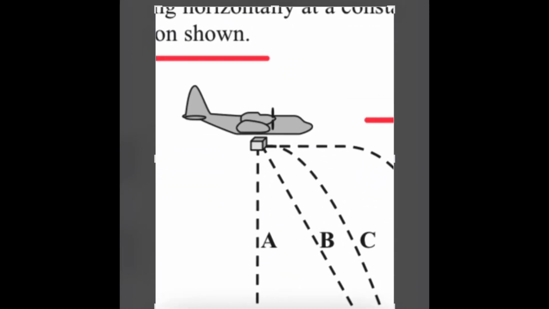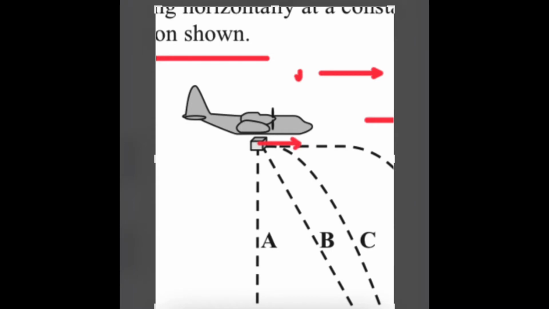So at the instant when it is being released, the vertical component is 0 and there is only a horizontal component, so there would only be a horizontal component in this direction.